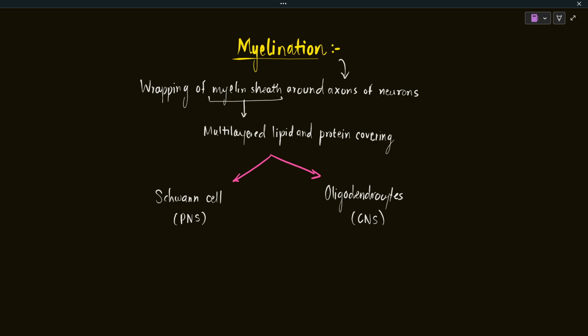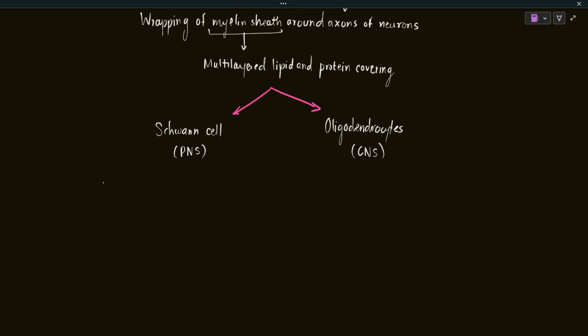There are differences in the myelination in the PNS and in the CNS, because two different glial cells are going to form that myelin sheath, right? So the Schwann cell starts forming the myelin sheath during the fetal development. Okay, so the myelin sheath formation in the peripheral nervous system starts during fetal development.